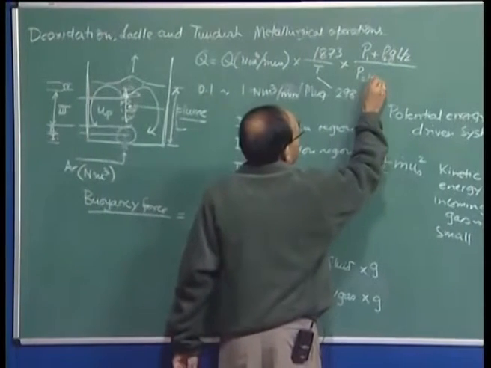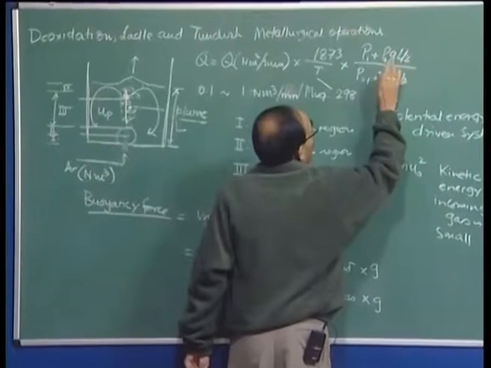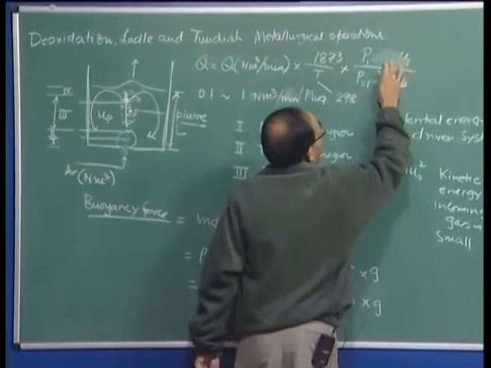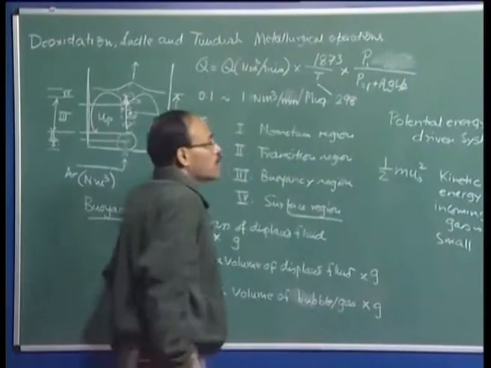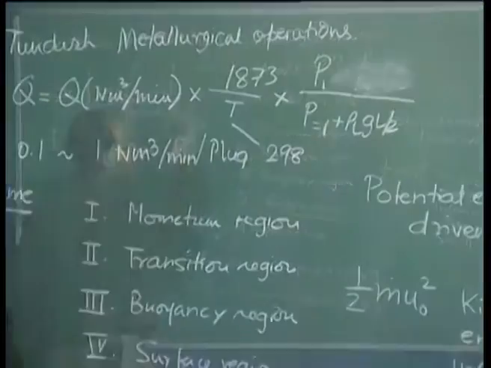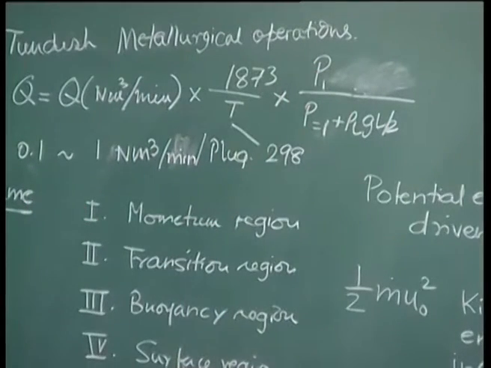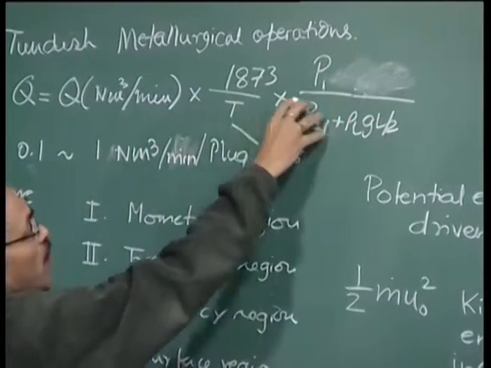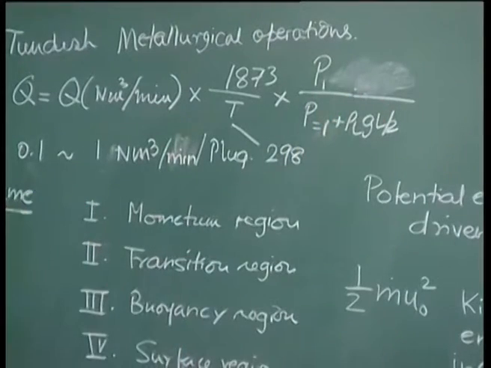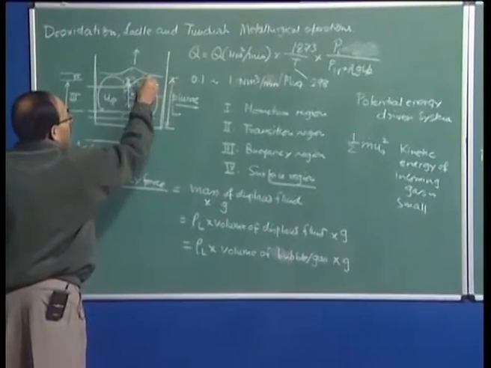This is P plus rho liquid G L by 2, because the volume is going to be inversely related. So this is the pressure we are talking about at the mid-bath position, and this is the pressure corresponding to the normal pressure, which is about 1 atmosphere. So this term is equal to 1 atmosphere plus the corresponding pressure translated in terms of the mid-bath depth.